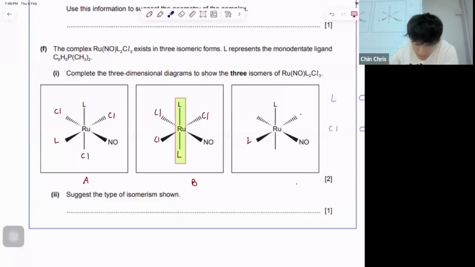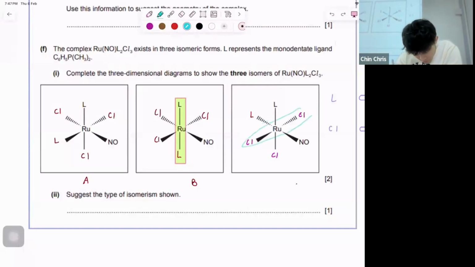So L, L, put it 90 degree and leave one space for your Cl. Can see right now you have a Cl at 180 degree already. Yes, correct, right? Understand?